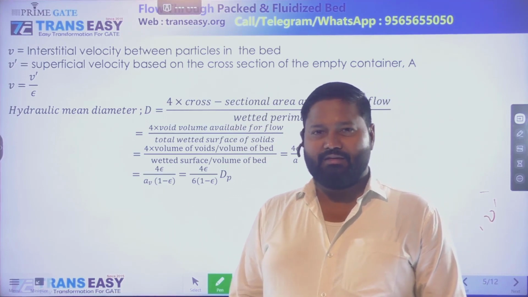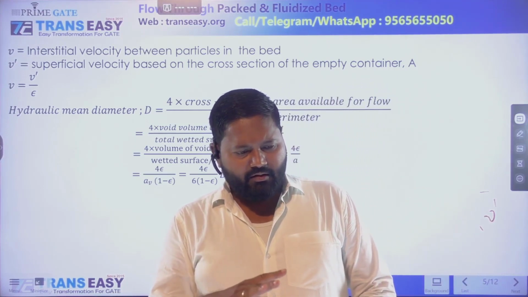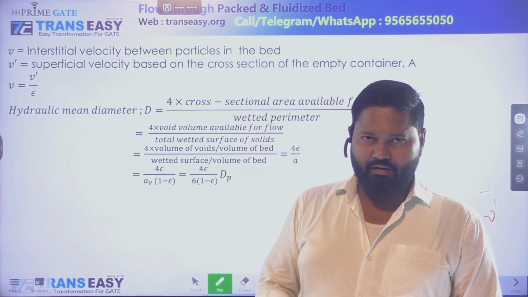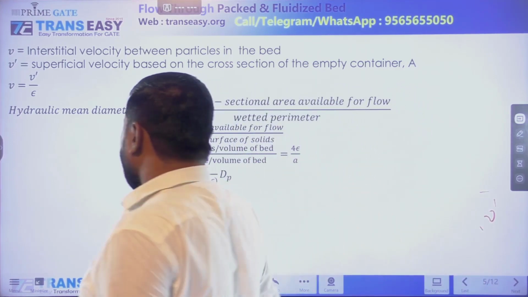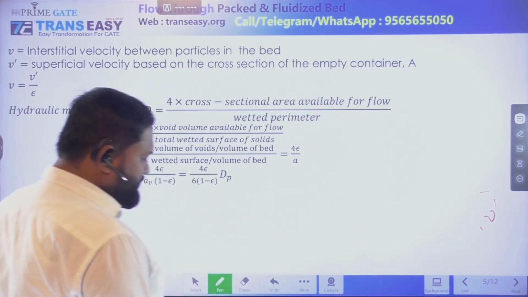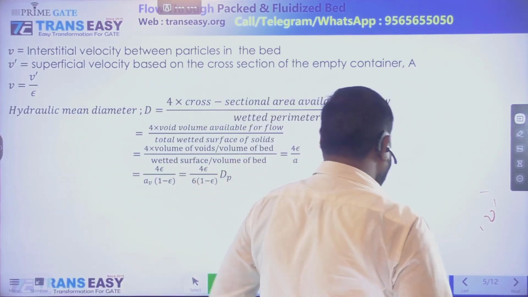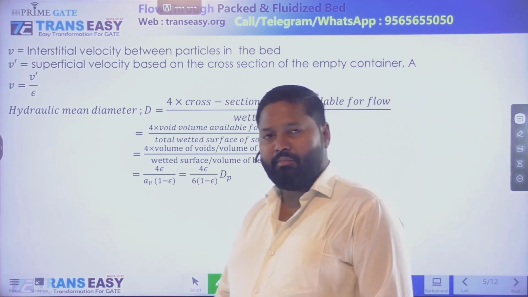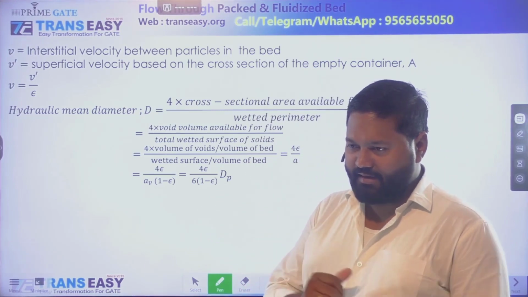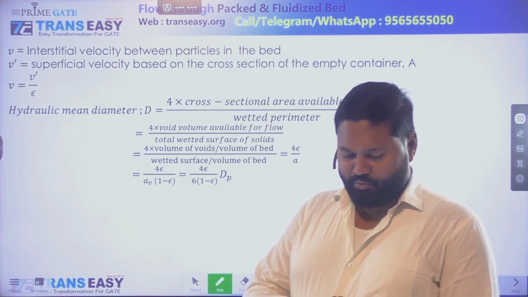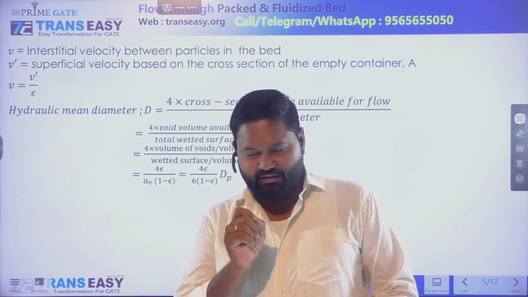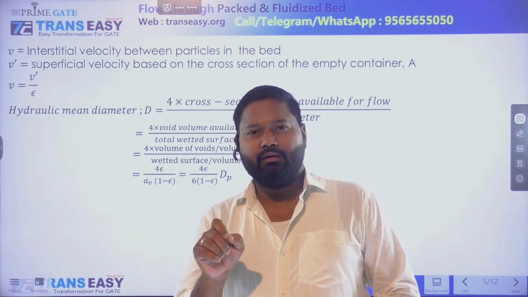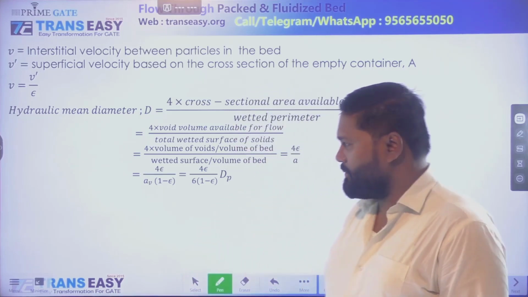And superficial velocity is the velocity of flow based on the empty cross section of the container, and how they are related, we have obtained a relationship. Remember, interstitial is always greater than superficial. So interstitial V is equal to superficial V prime upon epsilon, porosity.